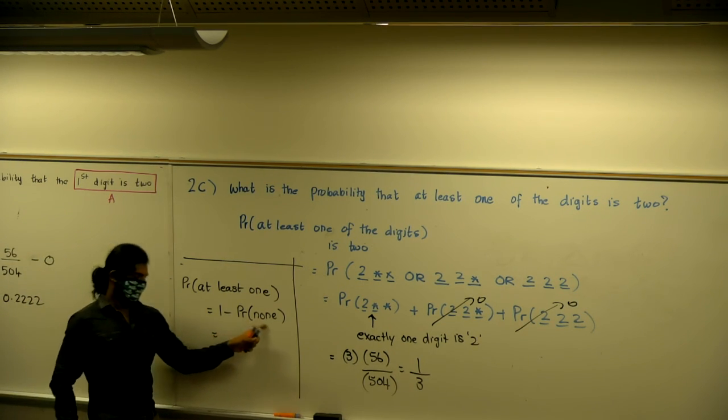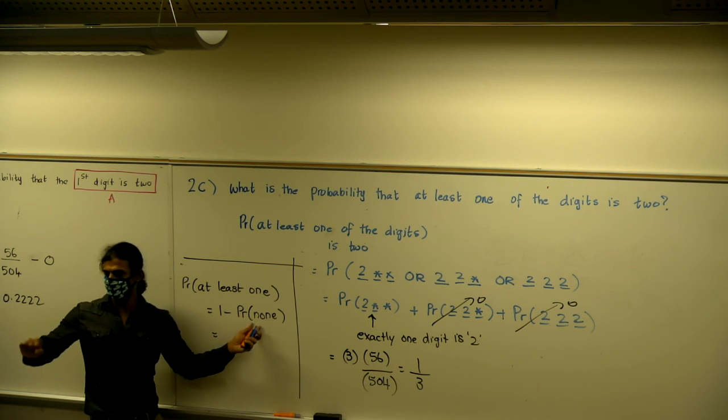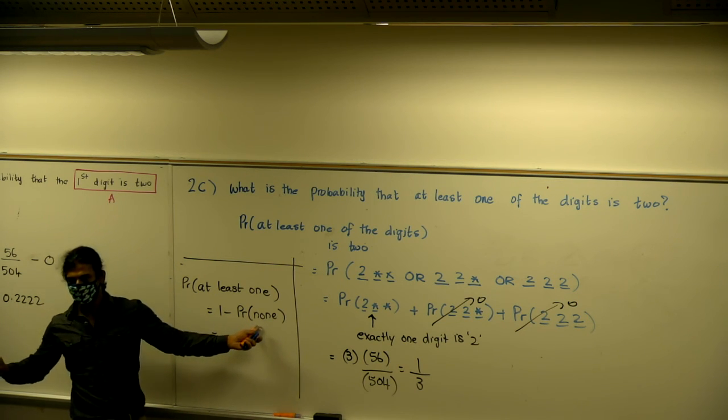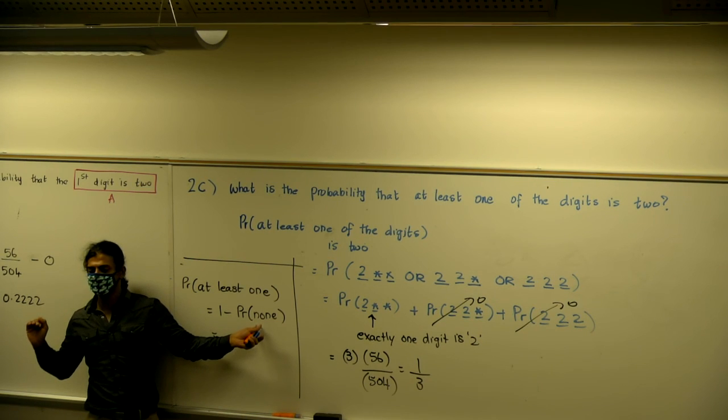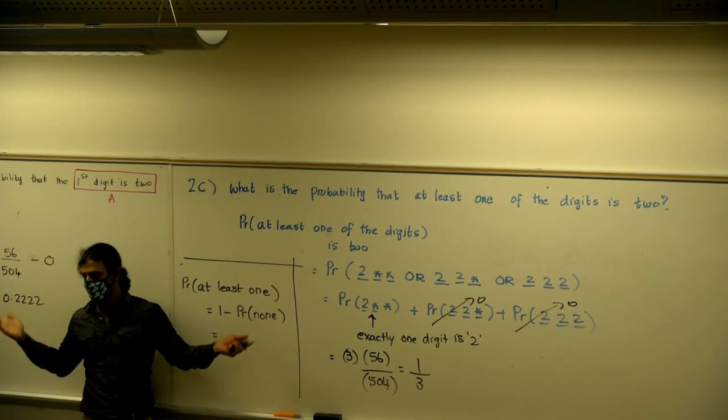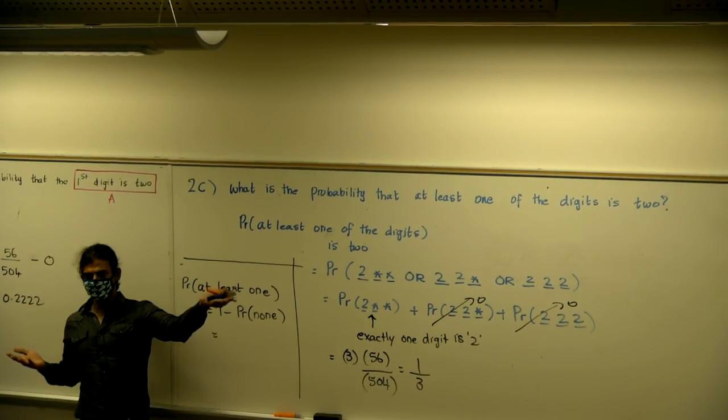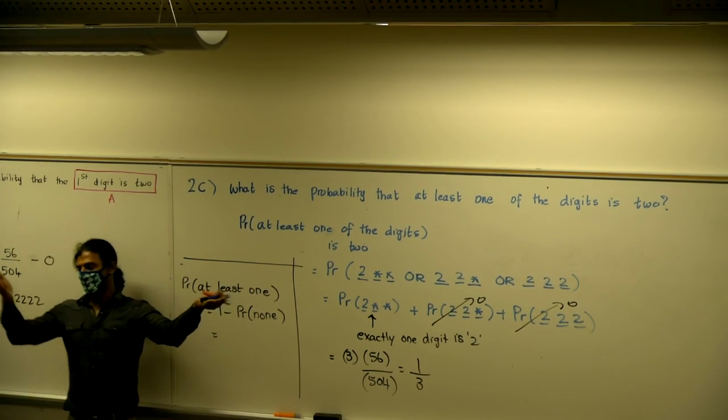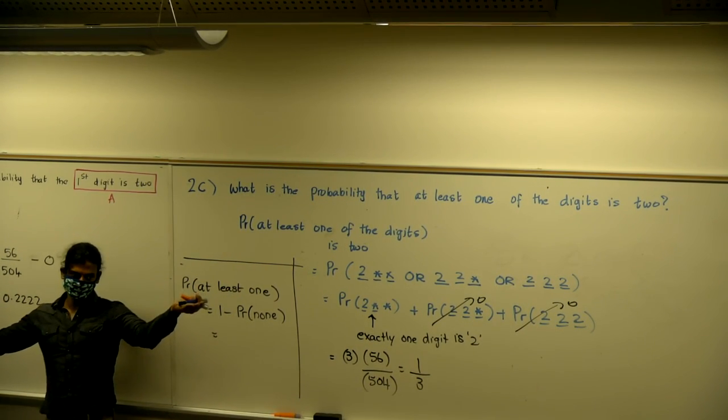Now, none would mean none of the 3 digits could be a 2. So how many orderings would I have? What is n now? 8. How many 3-digit codes am I to form? Not 504. 336.